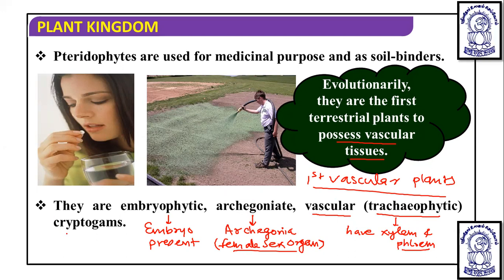And they are cryptogams. Cryptogams means they are seedless plants, in which seed formation is not observed. So these are the terminologies associated with pteridophytes.